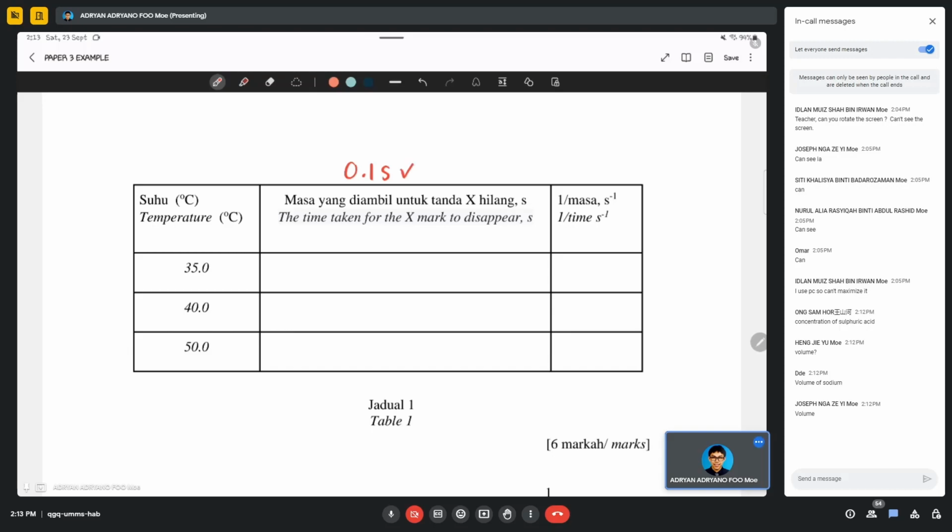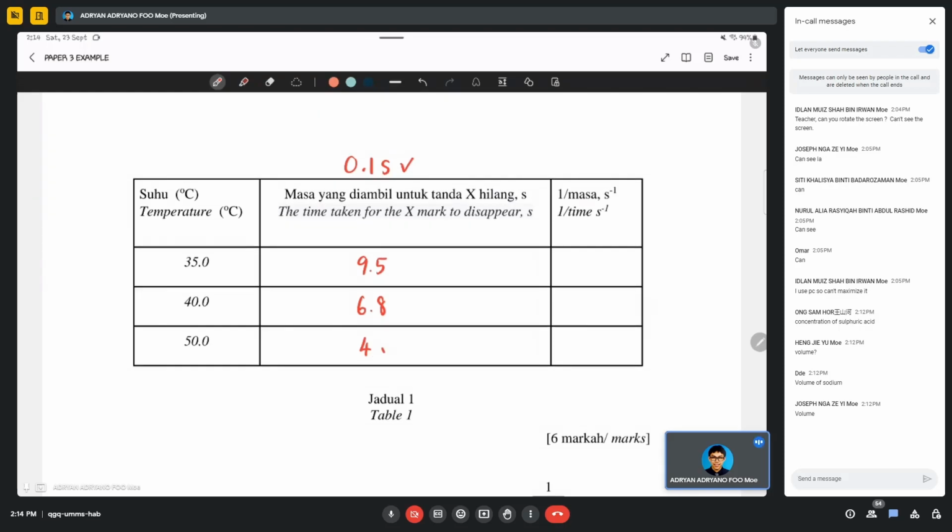Same like your physics. In physics you need to look at the smallest interval, the smallest number, right? For example, with a long ruler, the smallest you can measure is 0.1 distance. Then you must follow that measurement when writing your answer. Example you will get like 9.5, 6.8, then 4.6. Okay, example, if here is not 4.6, here is 4 only.